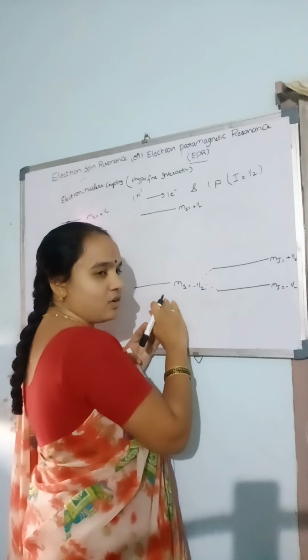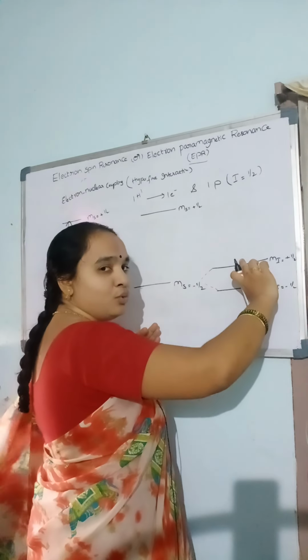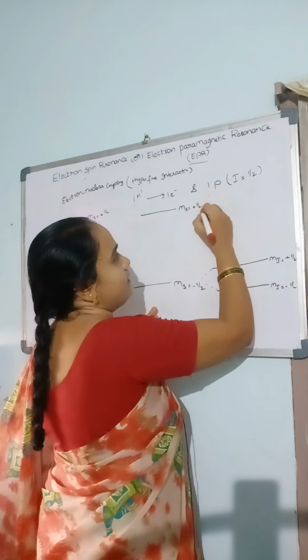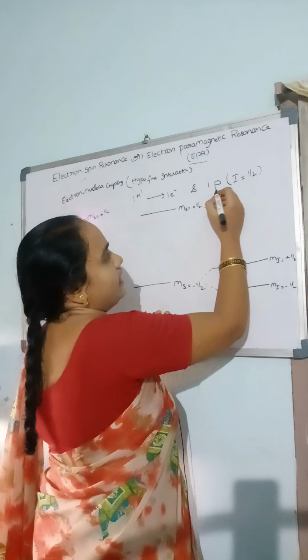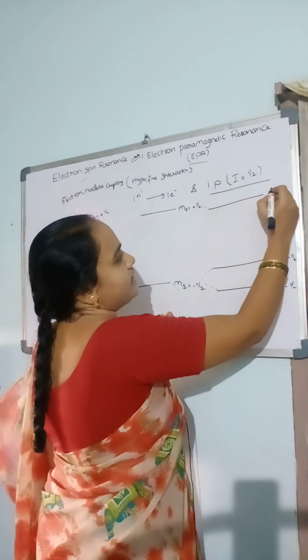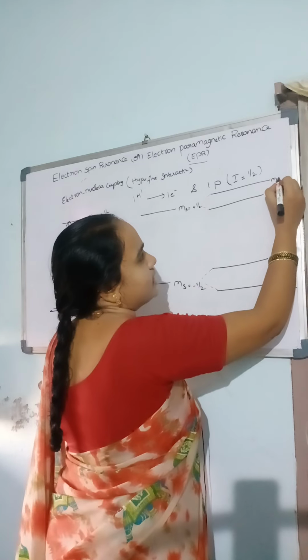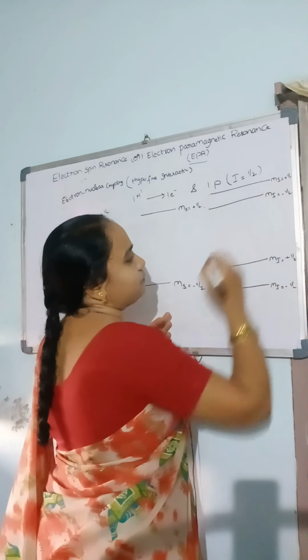Only a single electron state is split into two different nuclear states. Similarly, the Ms equal to plus half state is divided into two different states, that is, mI equal to minus half and mI equal to plus half.